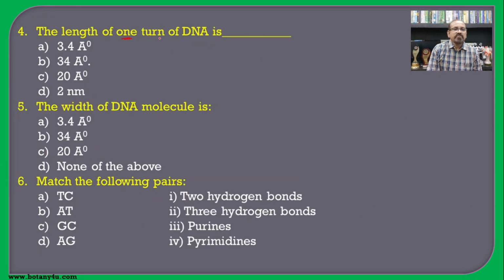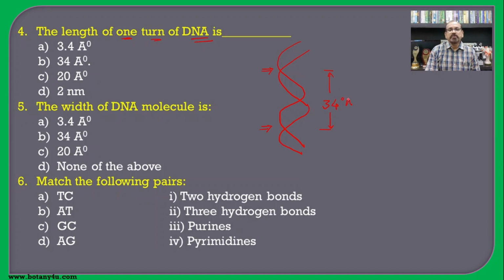The length of one turn of DNA is. When we are talking about one turn of the B form of DNA, there will be a formation of one complete turn. And the length of this one complete turn of the DNA molecule is 34 angstrom.